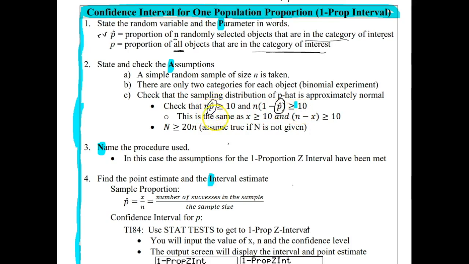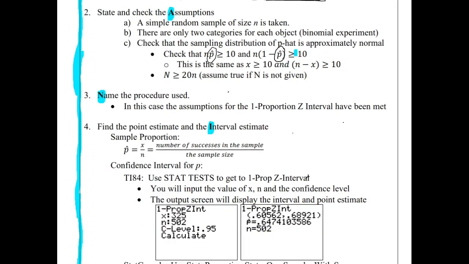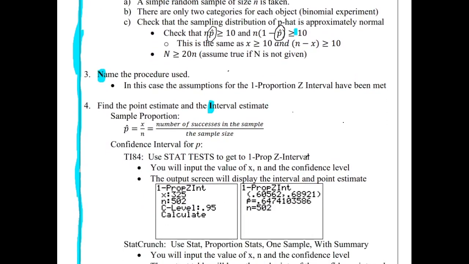Oftentimes we're given the number of objects in the category. So this is the same as just checking that the number of objects in the category is at least 10 and the number of objects in the other category is also at least 10. And again, we're going to assume that capital N is at least 20 times little n if that piece of information is not given.